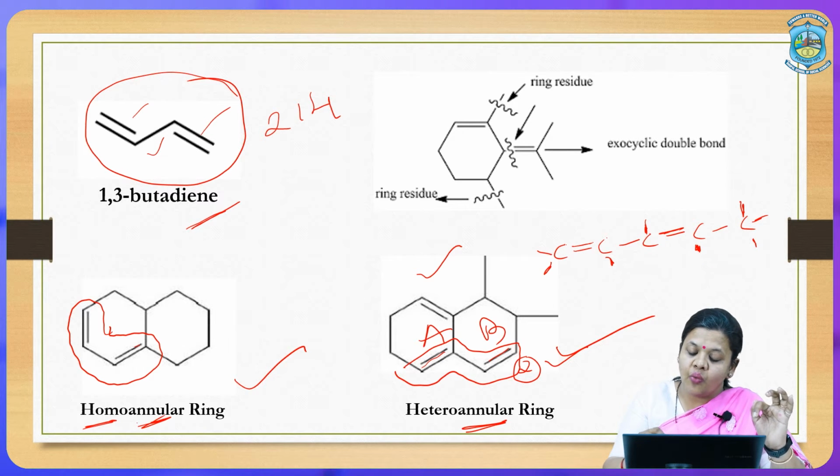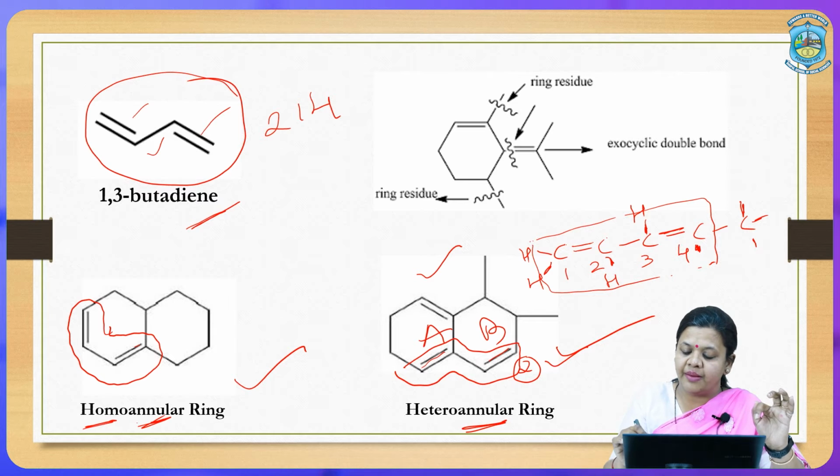So, over here 1,3-butadiene is identified in these 4 carbons, and each of the carbon, this place refers to hydrogen. But if I talk about 1, 2, 3 and the 4th carbon, in the 4th carbon, instead of hydrogen, this place has a CH3 group.